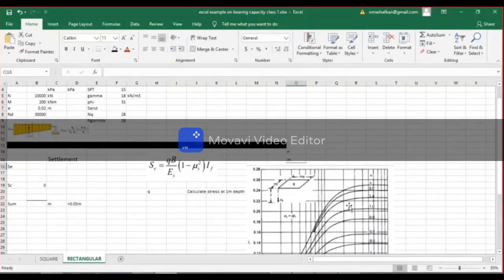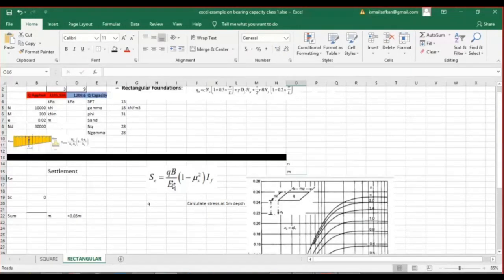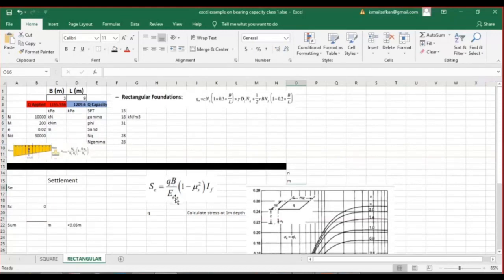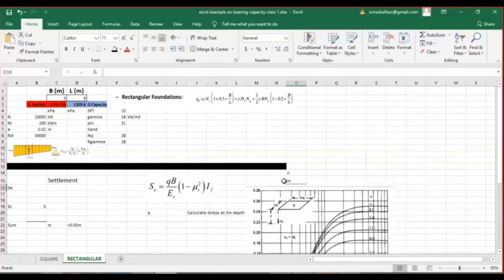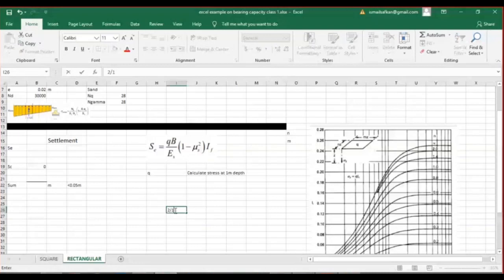In that case, what I suggest you do, you utilize the stress on surface. Or you can utilize the 2 by 1 condition, 2 by 1 rule. Remember, for what was this?